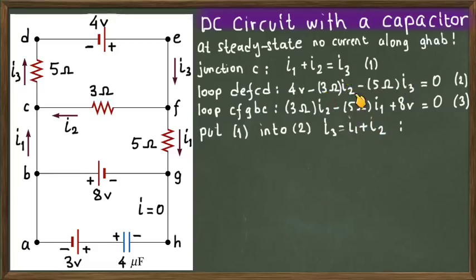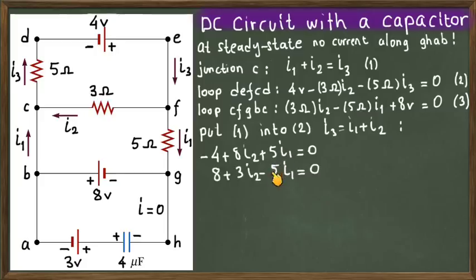Then you will have 2 equations with 2 unknowns, I1 and I2. These equations 2 and 3 contain only I1 and I2 because you already replaced I3 by I1 plus I2. This is the modified equation from 2, and this is the third equation.